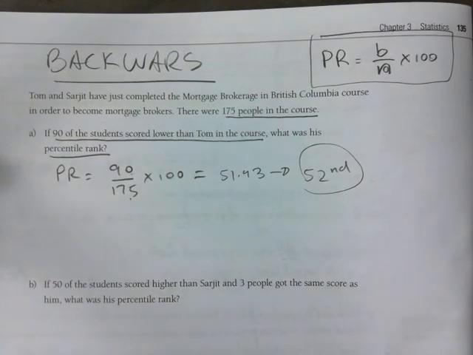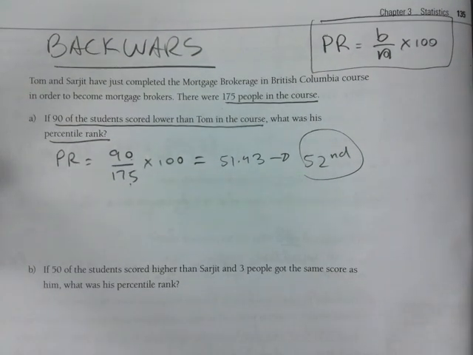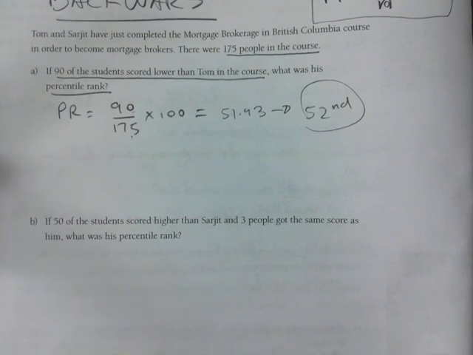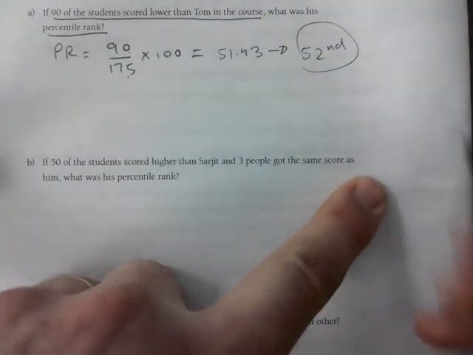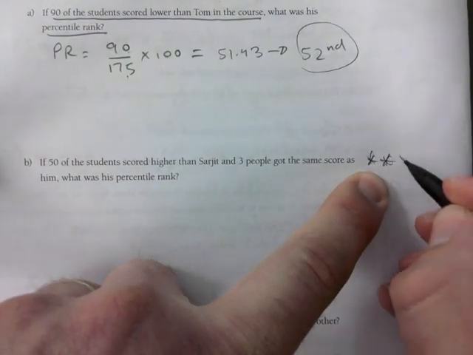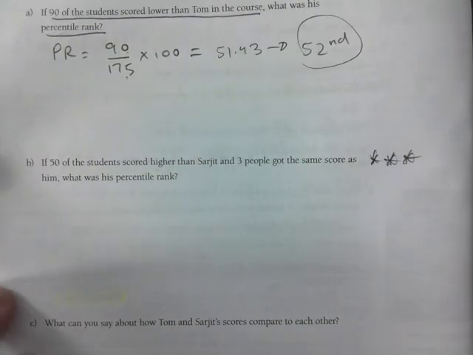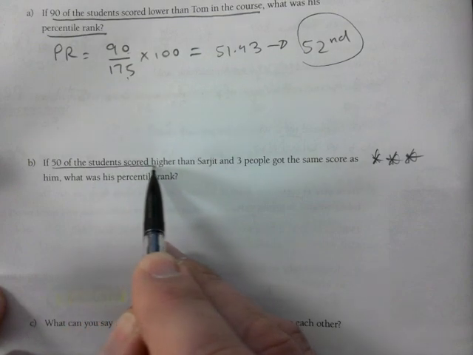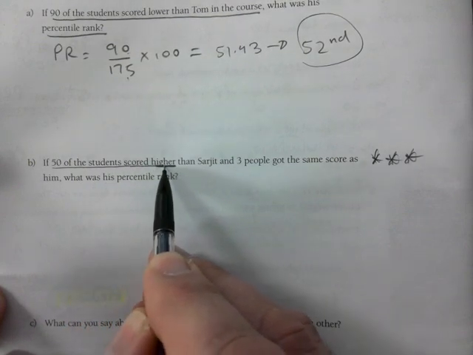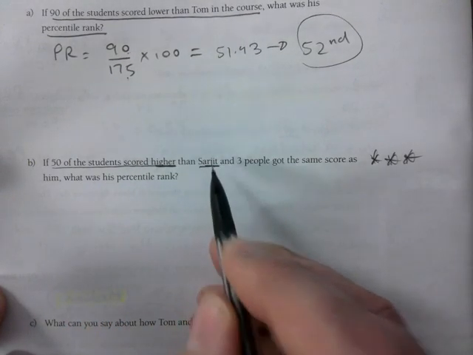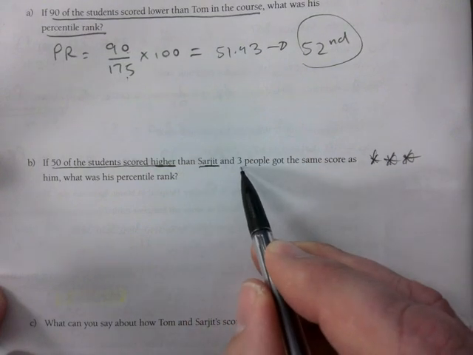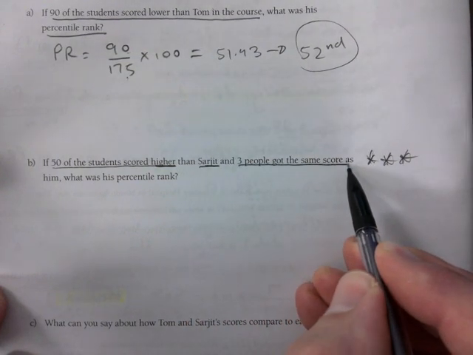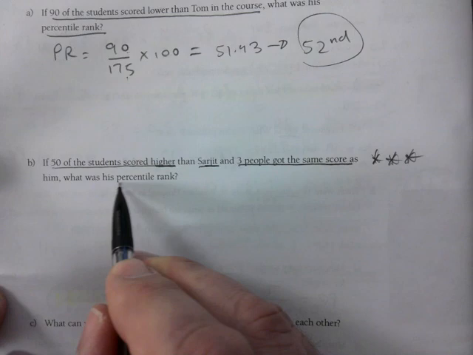So that's that. And here's the trickier one. This one right here coming up, so I will put some stars there. If 50 students scored higher, emphasis on the higher, than Sarjeet, and 3 people got the same score, what's the percentile rank?